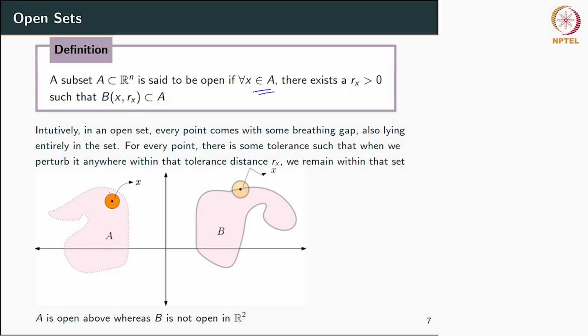Well, let us take a candidate point x, and we are able to come up with some radius centered around this point such that all of these points are contained in the set A. Now, you go very close to the dotted points, you can always find a small ball of arbitrarily small radius such that all its points are contained in the set A. So, this set A is an open set.